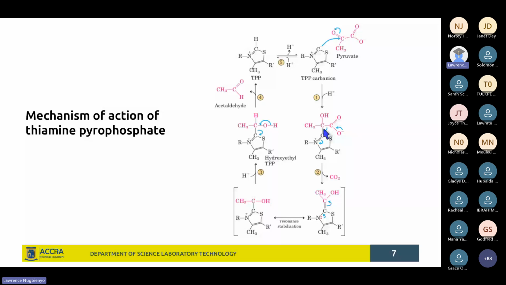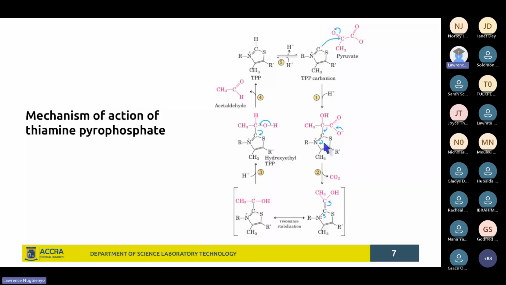So you see the analogy I made? You are having the thiamine pyrophosphate as a chopping board, and the substrate, pyruvate, is on it, getting stabilized on it before the enzyme will act on it.